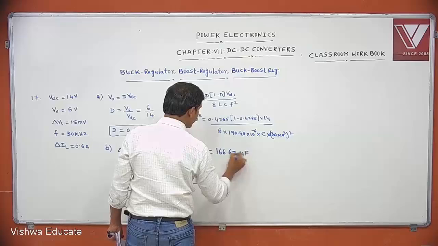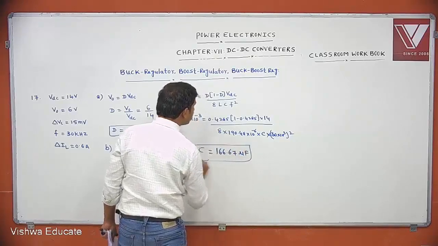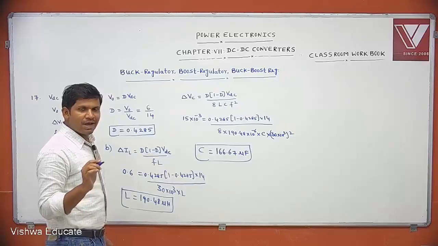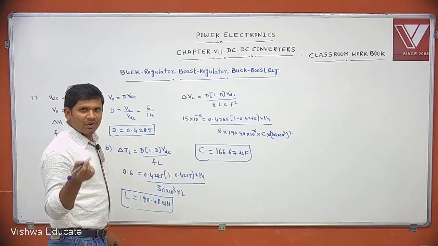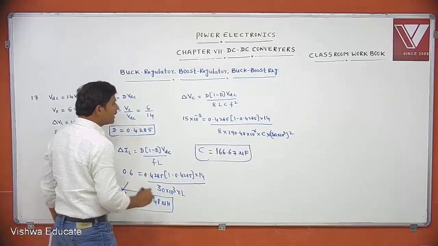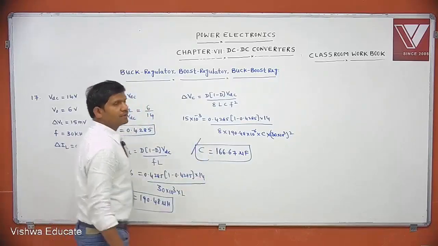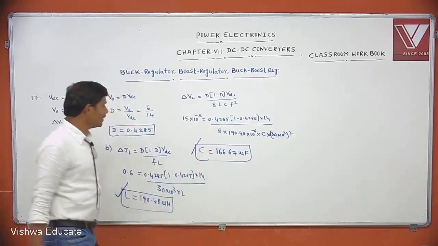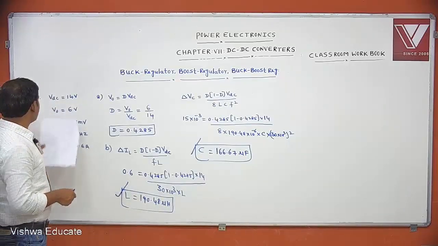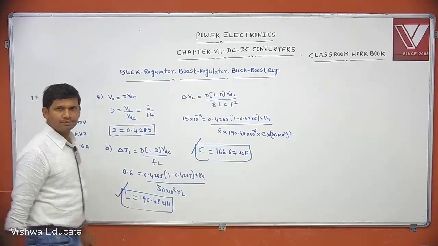Here it is not a critical capacitance or critical inductance. It is asked to find the normal filter inductance and filter capacitance, and we calculated them. Clear? This is question number 17, A and B.